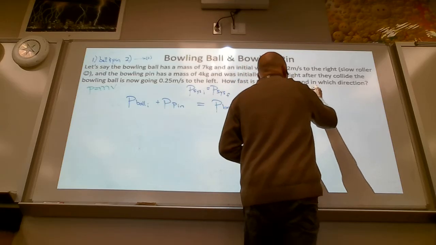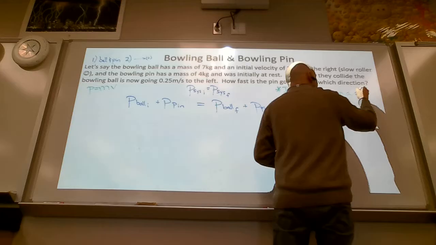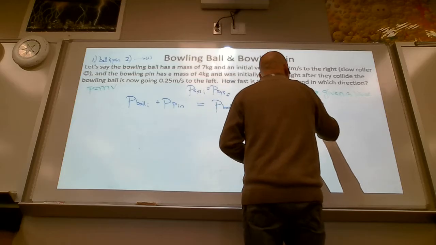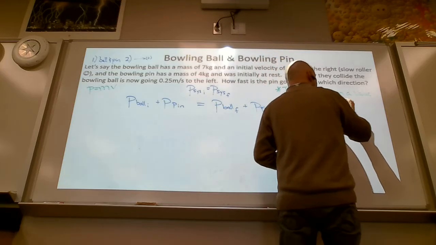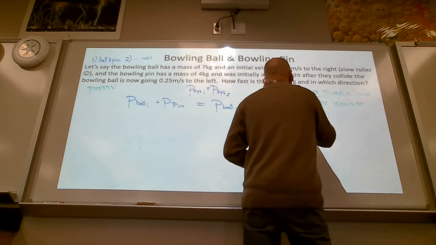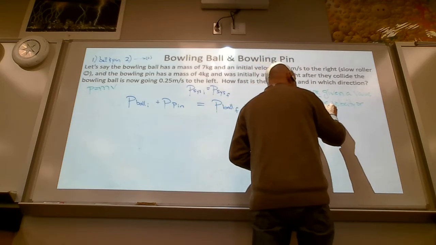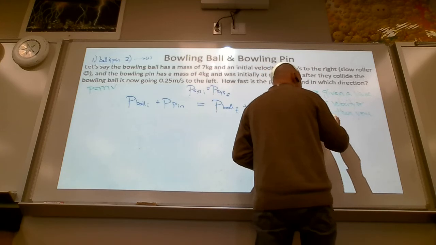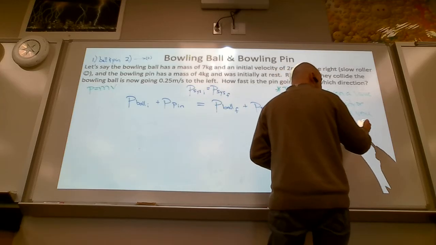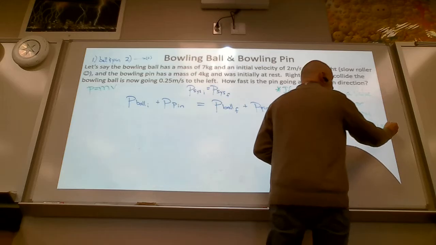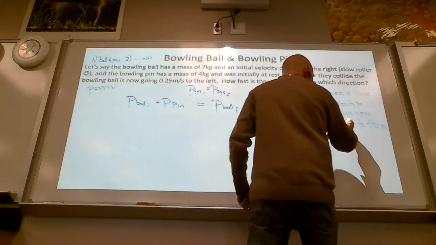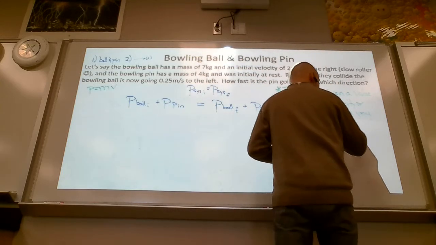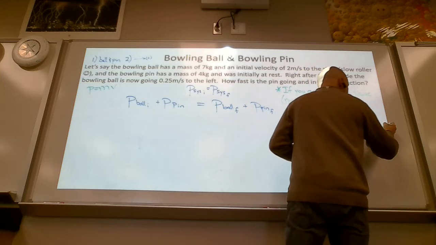If you are given a value, like a number, for velocity or momentum, then you must assign a positive or negative sign to them.